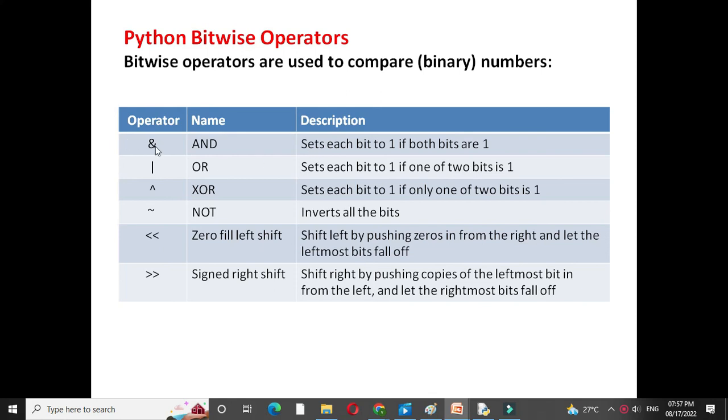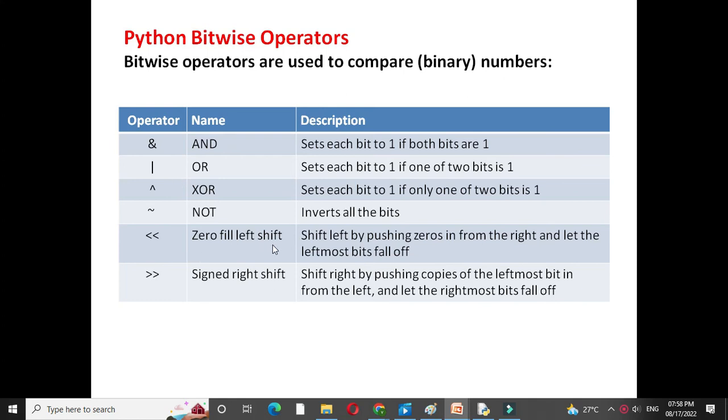First is AND, which sets each bit to 1 if both bits are 1. Next is OR, which sets each bit to 1 if one of two bits is 1. Next is XOR, which sets each bit to 1 if only one of two bits is 1. Next is NOT, which inverts all the bits.